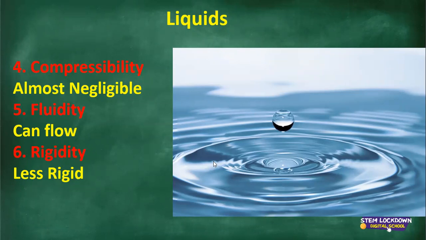I'm not understanding. Which part? This one. All right. Let me explain it again, okay? If you look at compressibility, when you put pressure or when you press on a liquid, it loses its shape, okay? So it's very compressible. There's almost no resistance, okay? So almost negligible simply means there's no resistance.